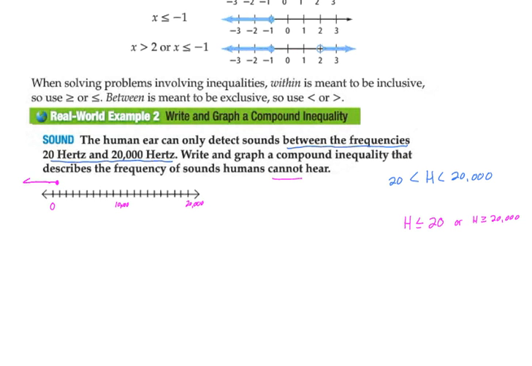Again, that's less than. It's probably a little bit smaller than that. And then greater than. So story problems, make sure that we understand what we're looking at. I know that we saw that word between, but then they threw in that cannot, so we had to do the opposite of it. So this then would be the answer that we would want to circle.